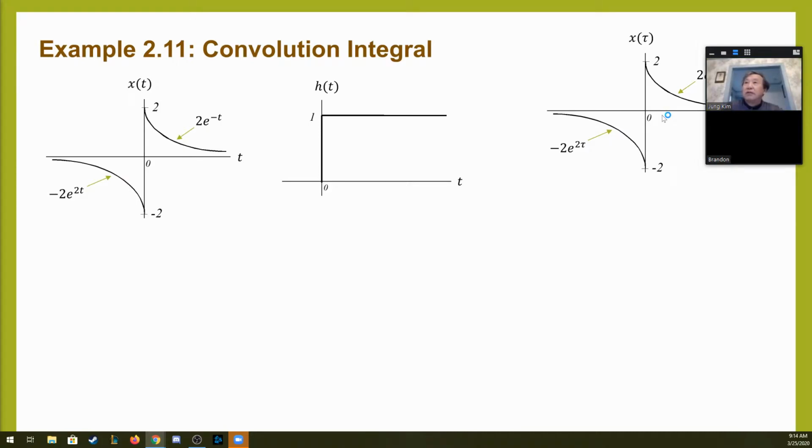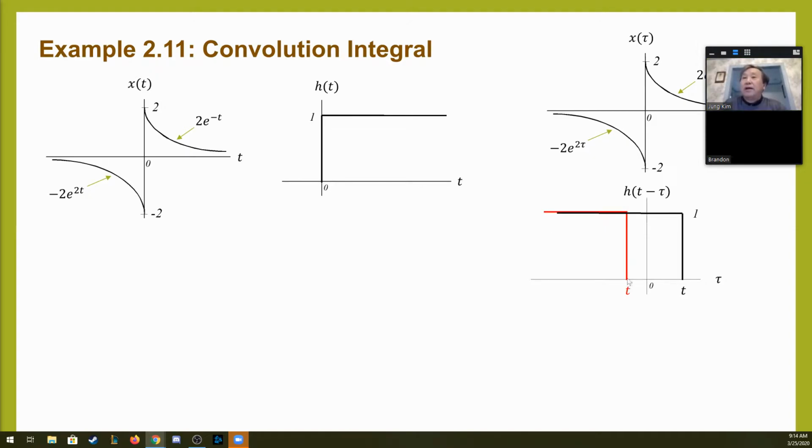And then next, this one is changed to tau, and flip and shift, so h of t minus tau. Look at only the red one, not the black one.